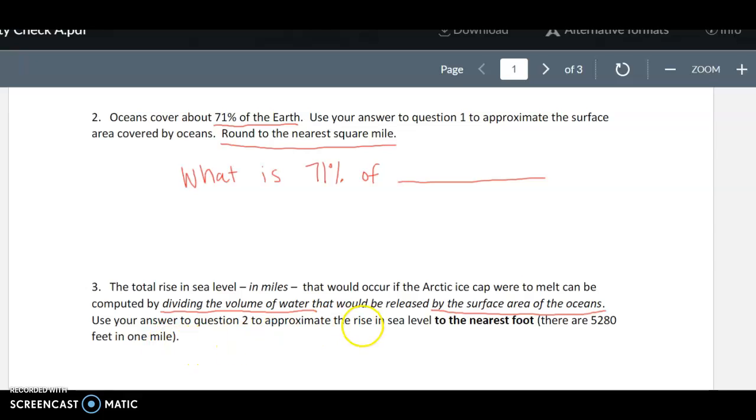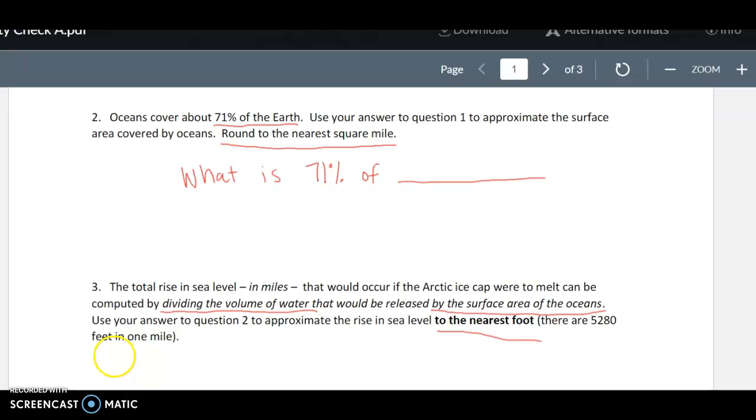Now, if you keep reading, use your answer in question 2. So we can use that in this end part to approximate the rise in sea level. But here's the difference, it wants it to the nearest foot. Well, notice everything before was figured out in miles. So whatever your answer is in miles, we need to figure it out to the nearest foot. Well, there are 5,280 feet in 1 mile.